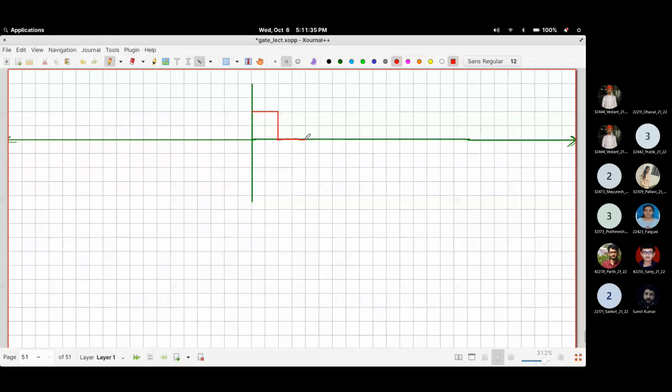So this was t naught by 2 and this is t naught. Now this is our signal f(t). Okay. And let me just copy this, because I will be using this. The proper copy is not happening.